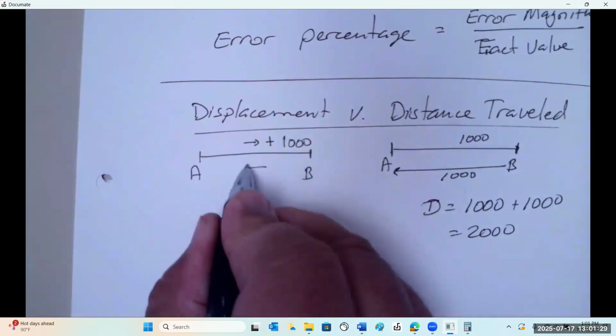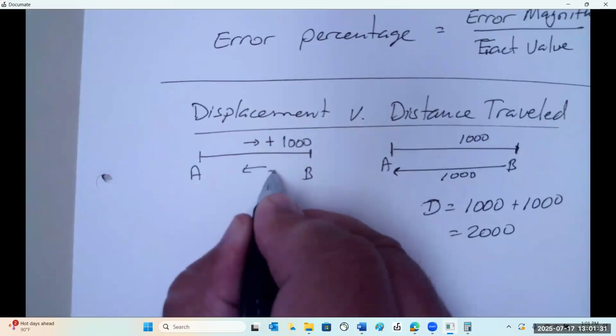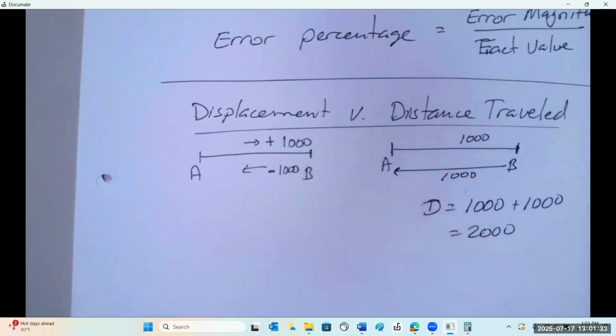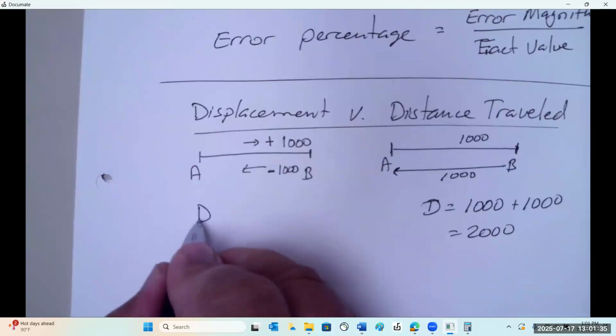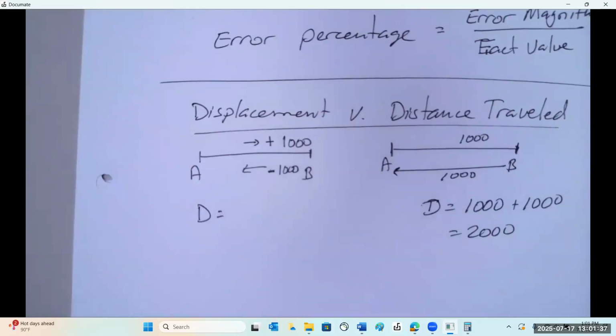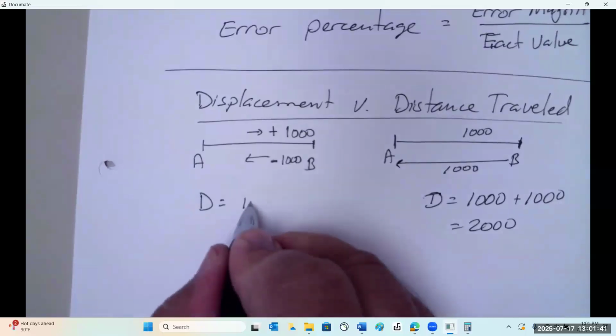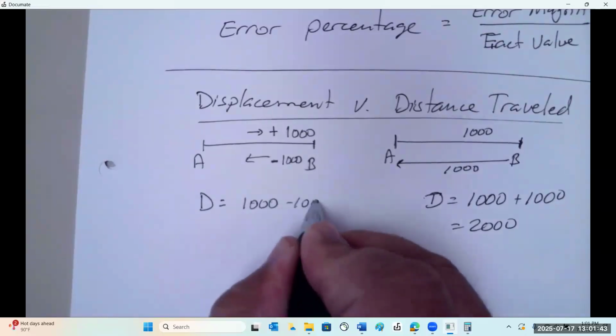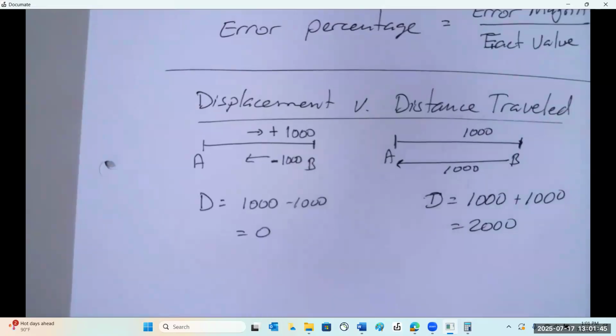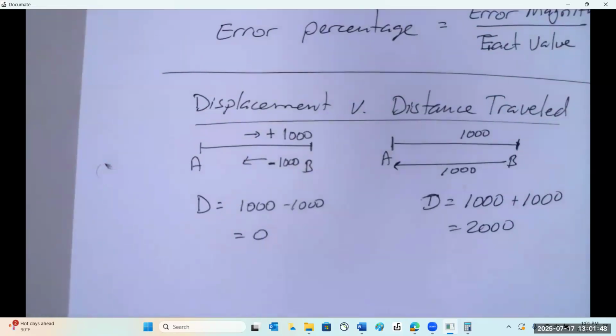But going back from point B to point A, it's going to the left, so we'll call that negative. So how much displacement do I have? 0. I have 1,000 minus 1,000 is equal to 0. That's the difference.